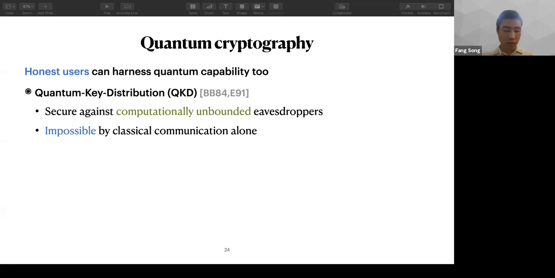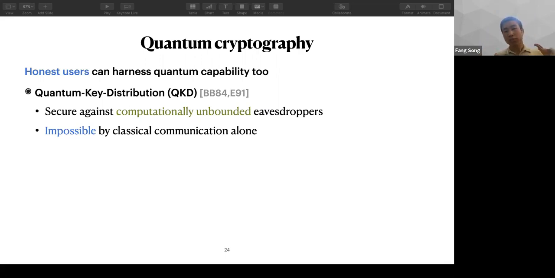Classically, if all the messages exchanged are classical, an eavesdropper could, in principle, transcribe all the messages, then take it back, sit in his or her office and figure out the key. This may take a lot of time, but it's possible in principle. In contrast, quantum key distribution is secure regardless of how much computation the eavesdropper is willing to invest.